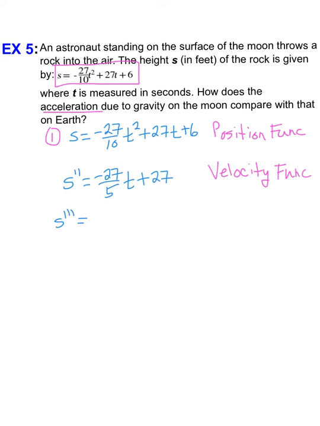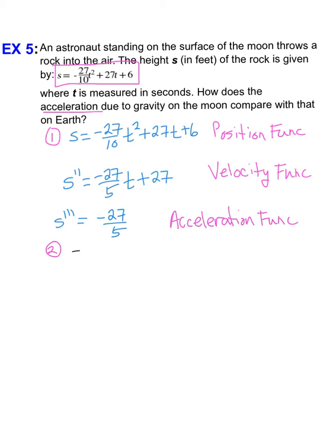So for our acceleration function, we get just a constant, which is negative 27/5. So this is our acceleration function.